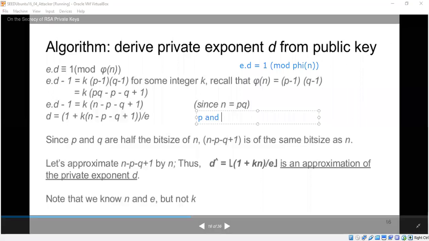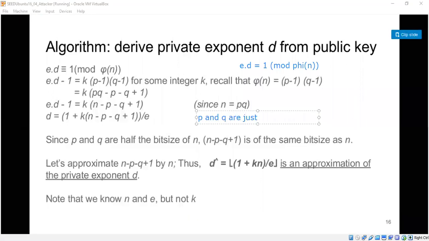Why is it important? Because think of the value n minus p minus q. If n is a 2048-bit number, p and q added together will be only a 1024-bit number. So you are subtracting from n, a 2048-bit number, for example, another 1024-bit number.